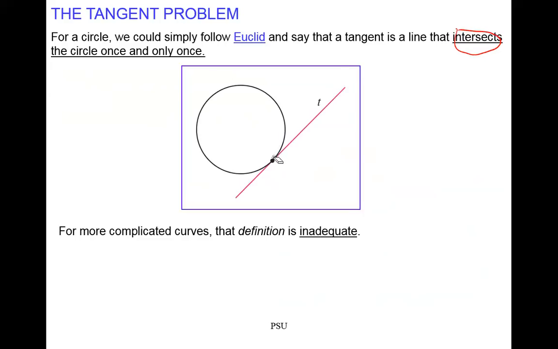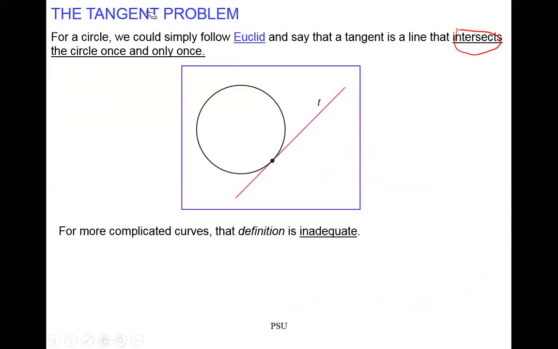And this is correct, but what we find out later is that for more complicated curves it is a little bit inadequate, because I can show you an example, but for circles it works perfectly.